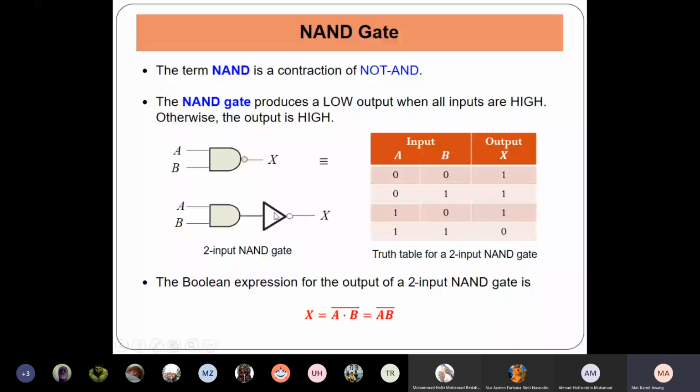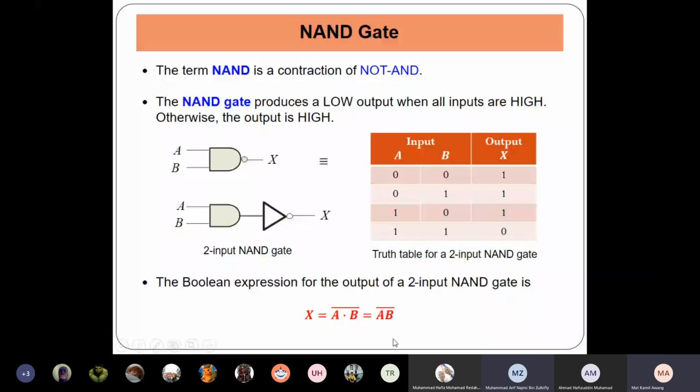So A, B, okay, A and B, then NOT. The Boolean expression for the output of a two-input NAND gate is X equals A not B, A dot B bar, or it can also be written as AB bar.